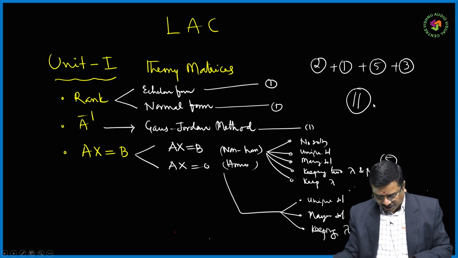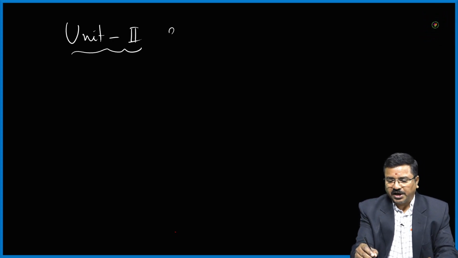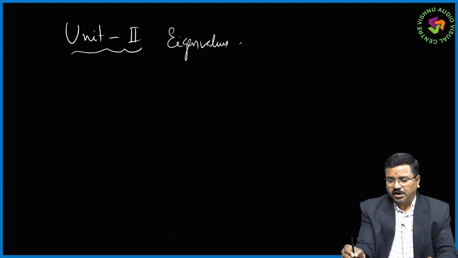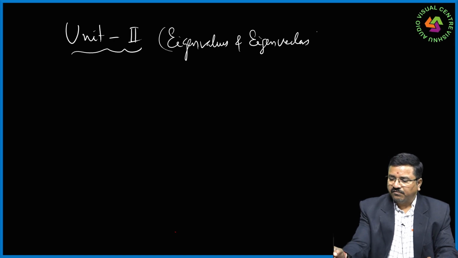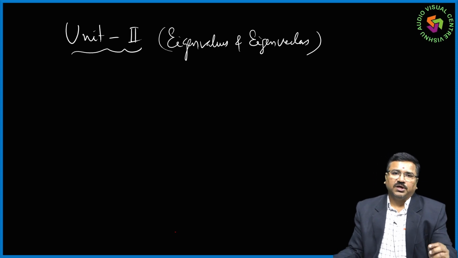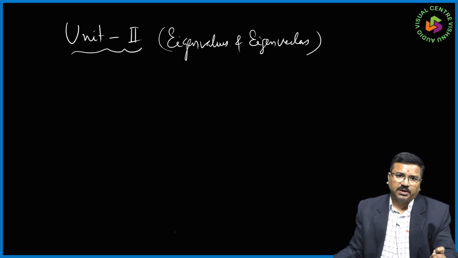So next we will go to unit 2, which is eigenvalues and eigenvectors. In this unit we have majorly 3 different types of problem.